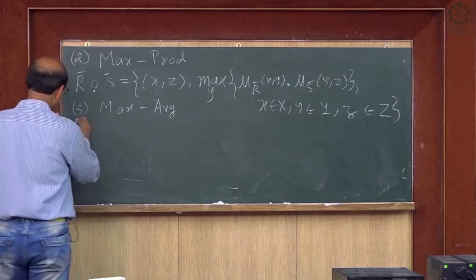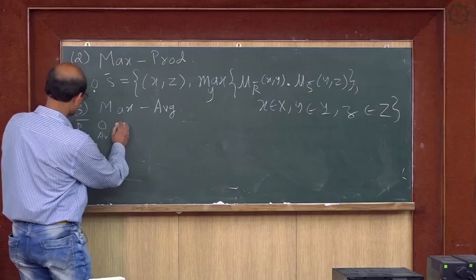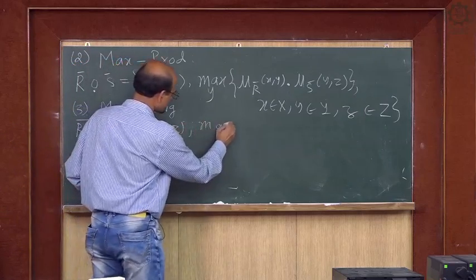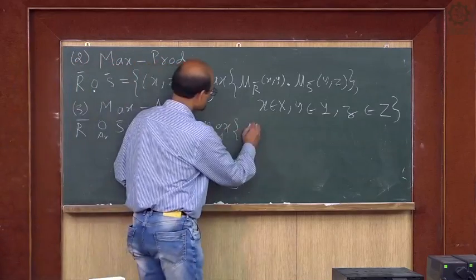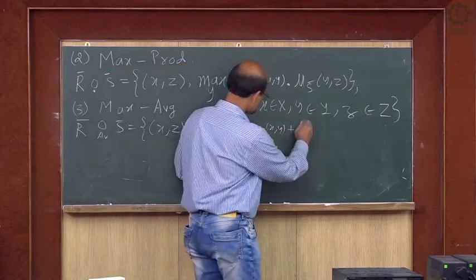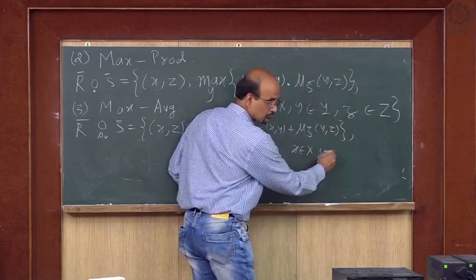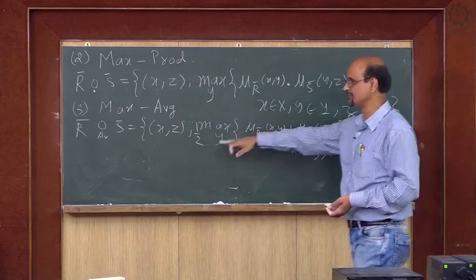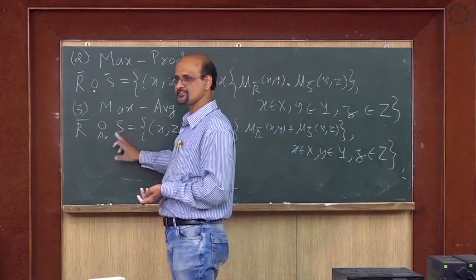That means you have R, here I will write AV for average, is equal to x z, and we will have max y, and I will write half of mu r bar x y, or you can take it inside also, no problem, plus mu s bar y z, where x belongs to X, y belongs to Y, z belongs to Z. So, here what you will do, you will add and then divide by 2 for R and S and form the R average S bar.